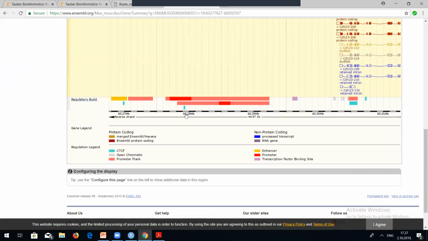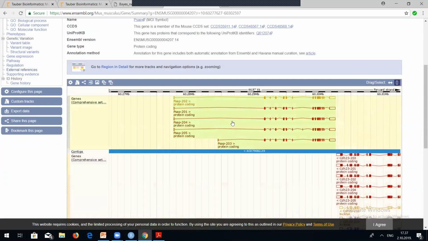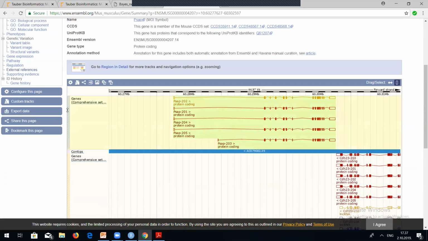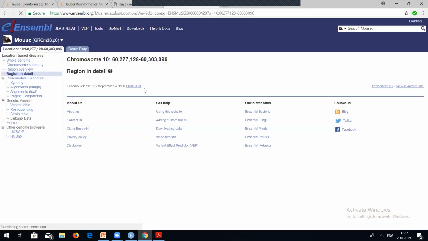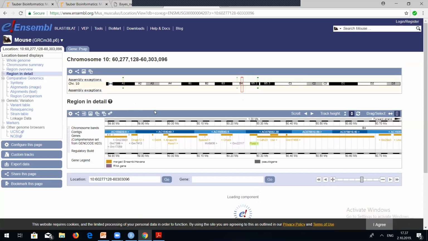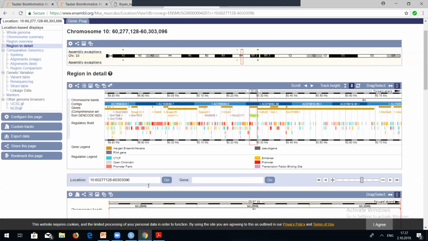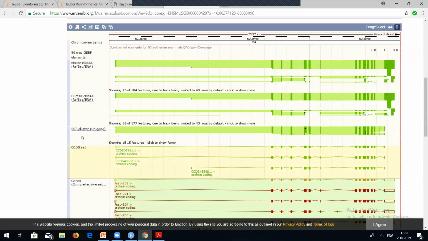So, for example, we could view some isoforms. We could view coding parts and non-coding parts. We could use a lot of these things. We could expand on this analysis. We could see exactly where it's located. We have many other things here, right?